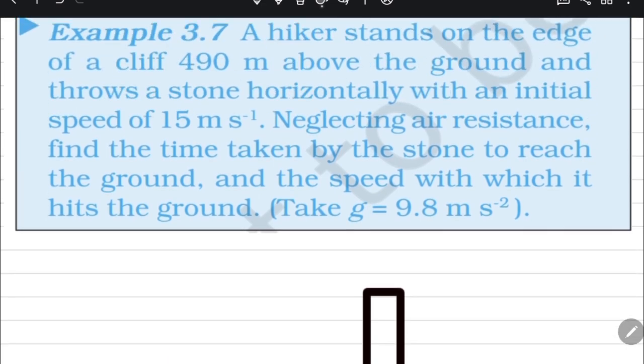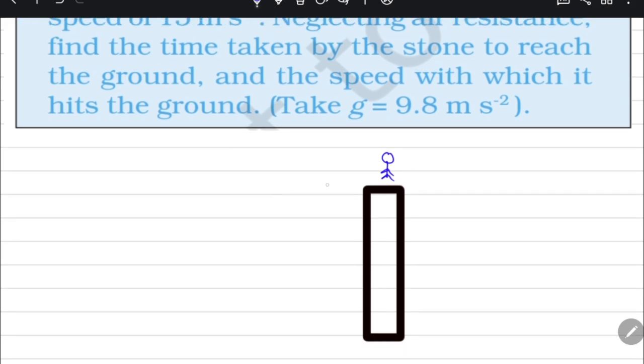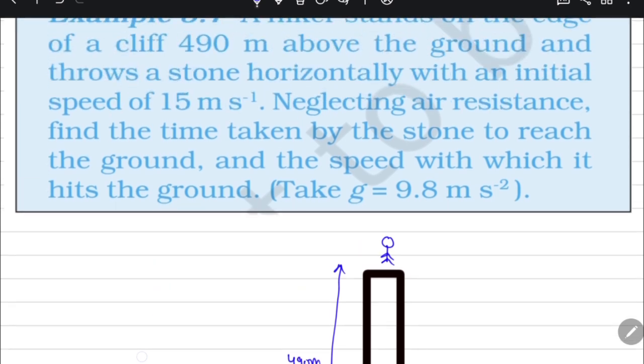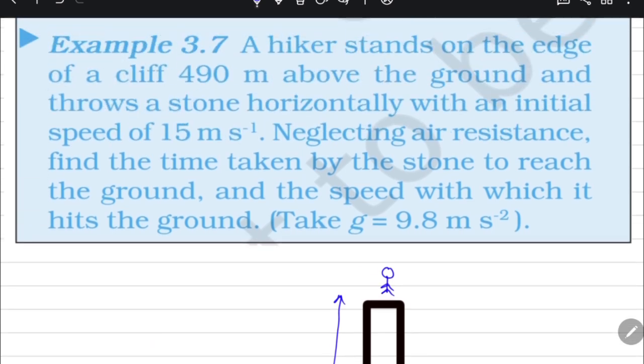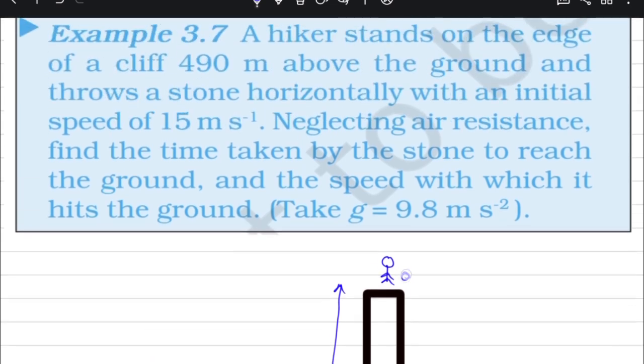A hiker stands at a 490 meter height above the ground and throws a stone horizontally, which means they throw the stone horizontally with an initial speed of 15 meter per second.